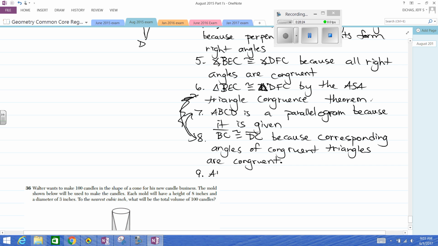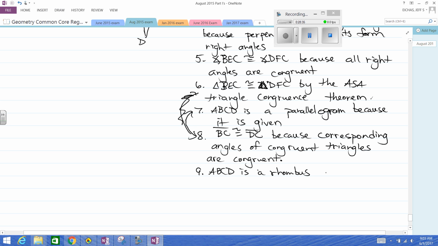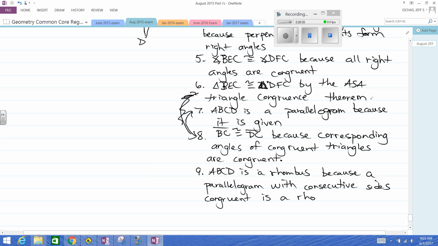Okay, now I can say ABCD is a rhombus. And the explanation here is that a parallelogram with consecutive sides congruent is a rhombus.